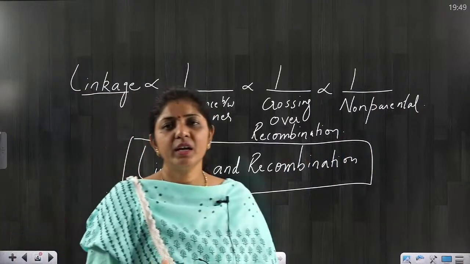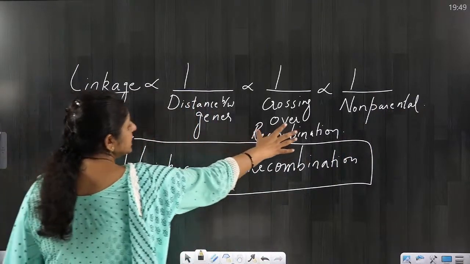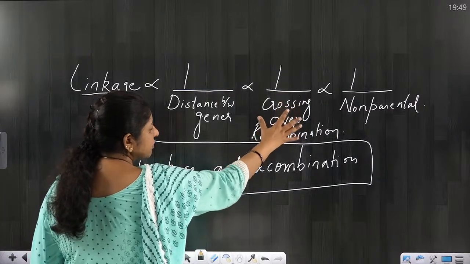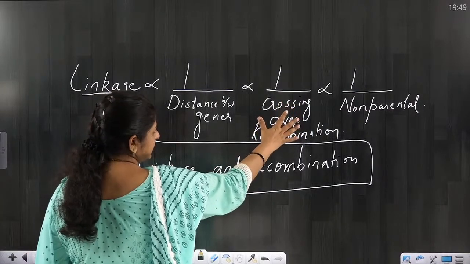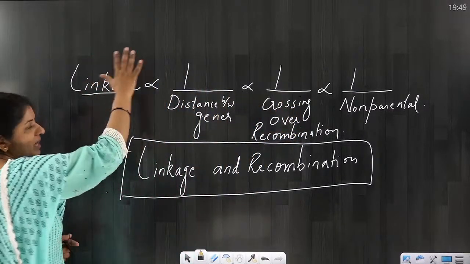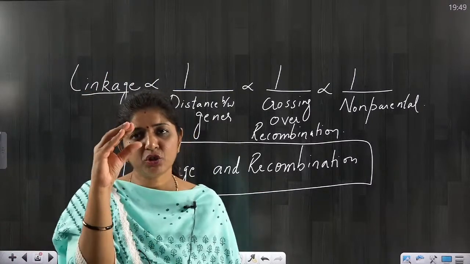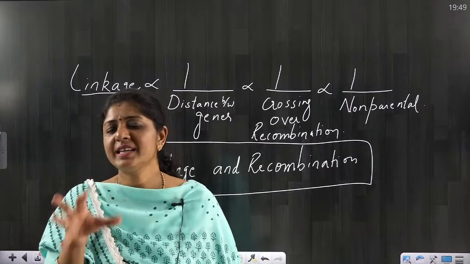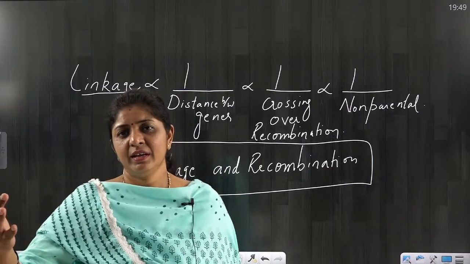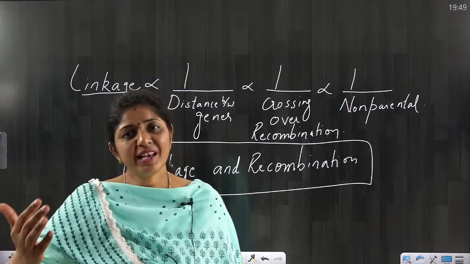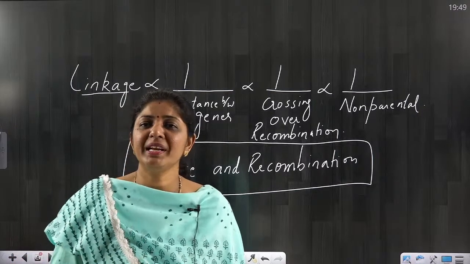Now if we are getting the recombination percentage 1.3%, very less, can I say linkage will be much more? Linkage means the distance is less, they are much closer, there is less chance to separate. If separation is less, can I say recombination will be less?